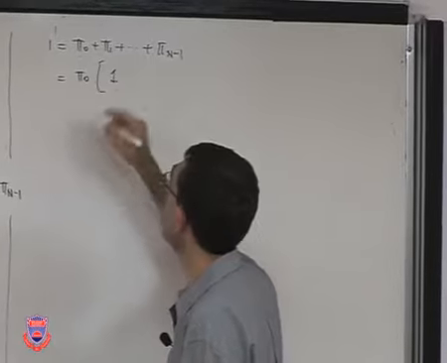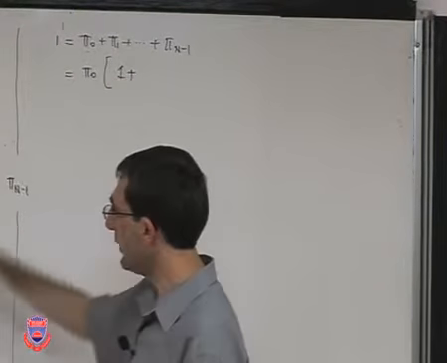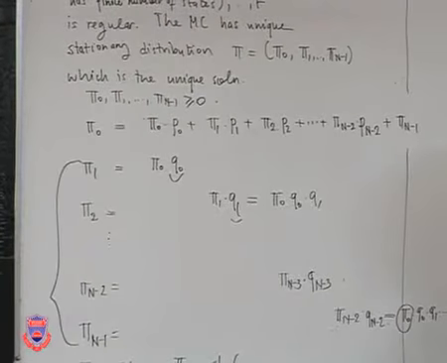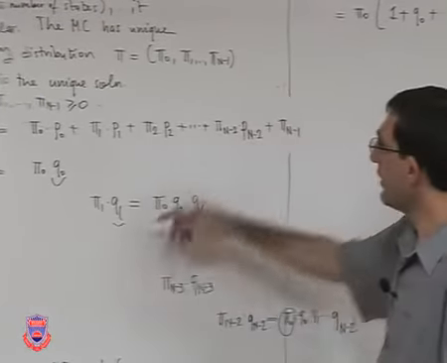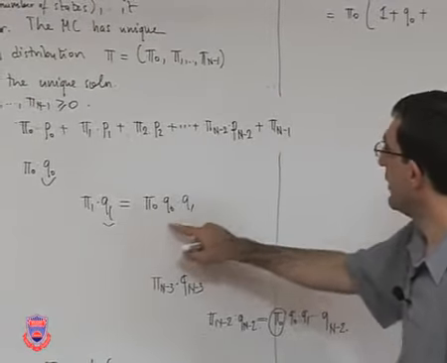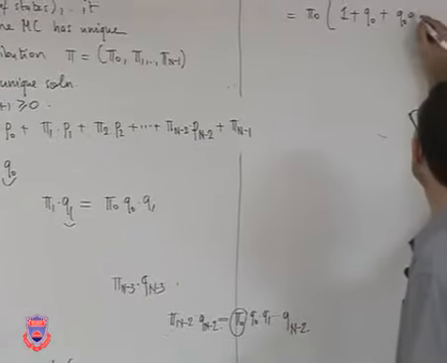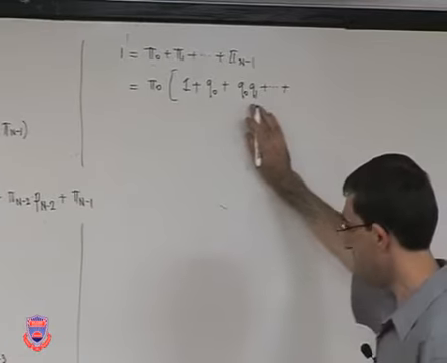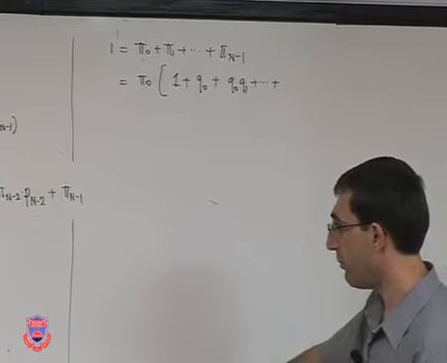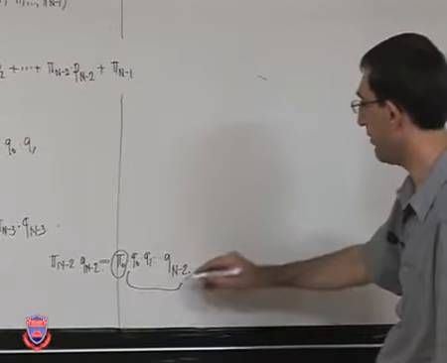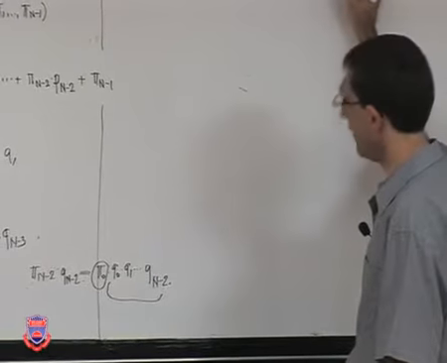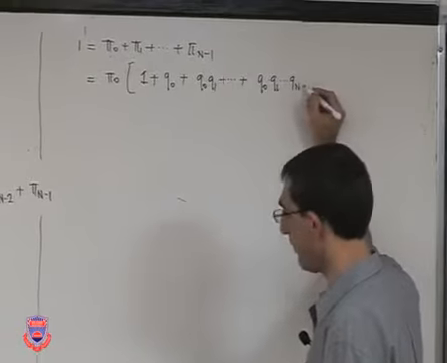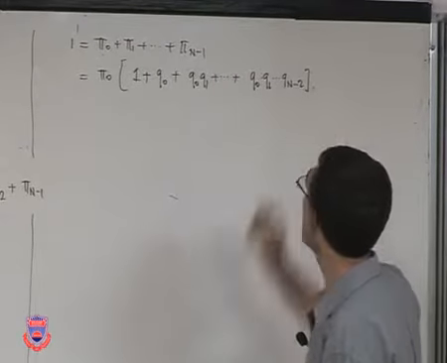There is 1 coming from here, and pi 1 was pi 0 times q0 only, so I have q0 here, and pi 2 was this, so I have only this to account for, and then for pi n minus 1, I have this part, namely q0 times q1 and so on times qn minus 2, right?